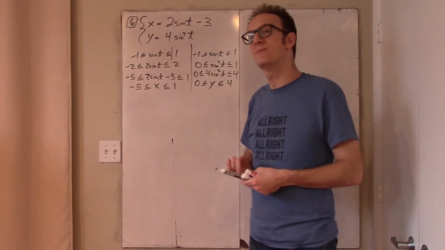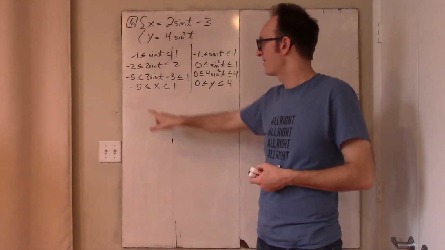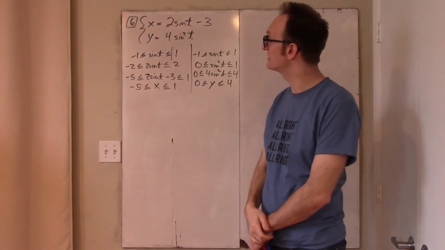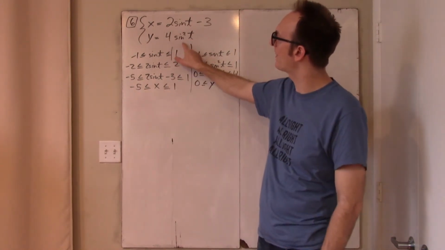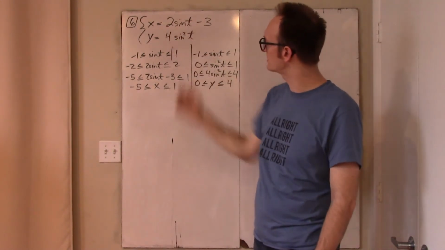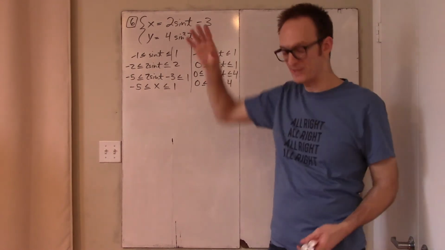So there is no end behavior in the sense that there is no particular value that x is getting closer and closer to as t gets very big. And the same thing with y. What happens as t increases or decreases, both off to infinity? Well, y is just going to be going up and down between 0 and 4.